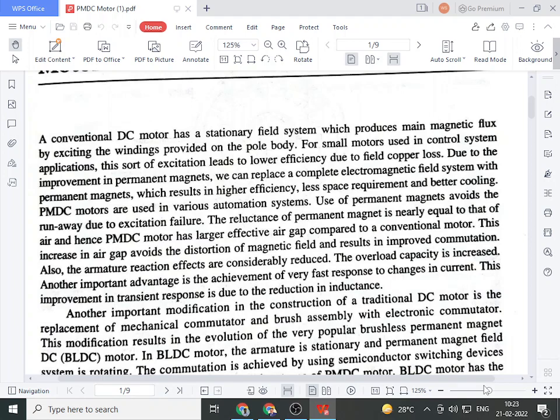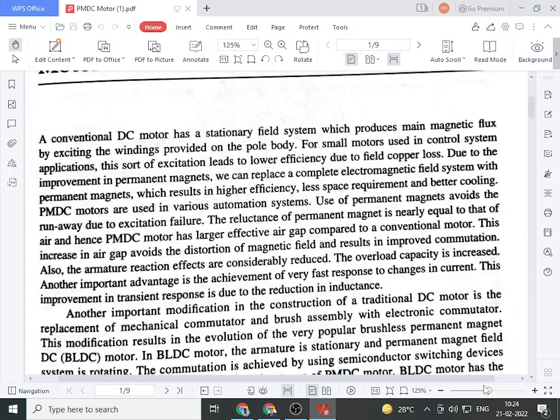Now for a small motor, whenever we use this field system, there will definitely be a large amount of power loss inside the field system, because the field winding always carries DC current. Whenever that winding carries current, a certain amount of copper loss takes place. As copper loss exists inside the field winding, the total losses inside the machine increase.